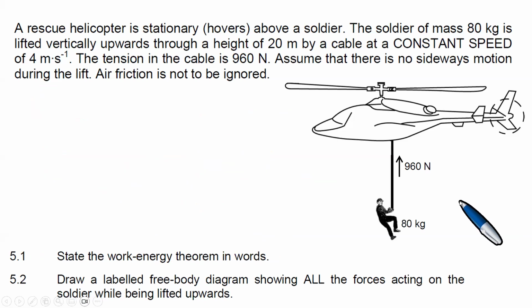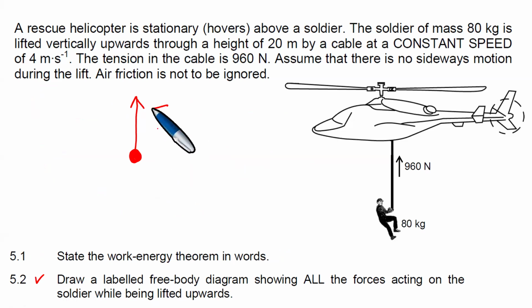Moving forward, we're going to focus on question 5.2. Draw a labeled free body diagram showing all the forces acting on the soldier while being lifted upwards. So here's the free body diagram. Now you have the force that goes up like this.